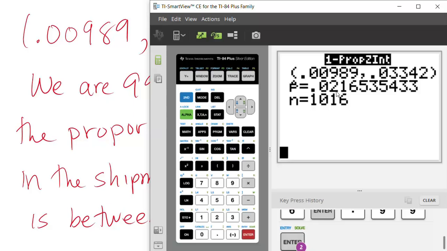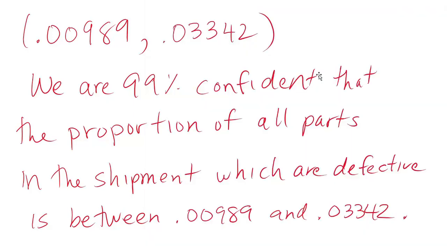They could also confidently state that the percentage of all parts in the shipment that are defective is less than 4% because 4% doesn't fall on the interval. It's above the upper bound. Those are the kinds of extra things you could do with this. Our focus is going to be on writing the sentences, and that way other people could make those determinations.